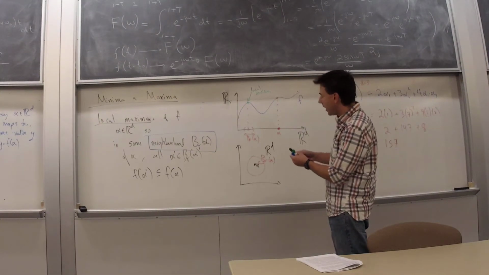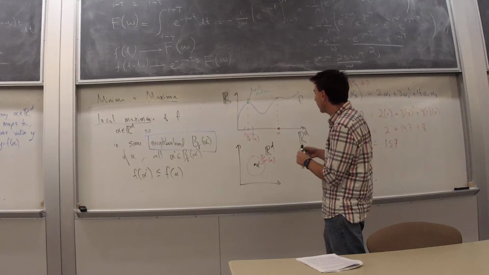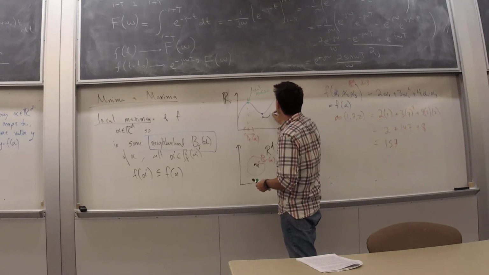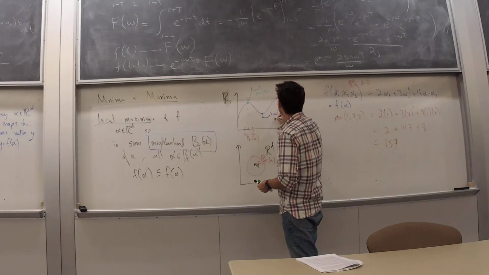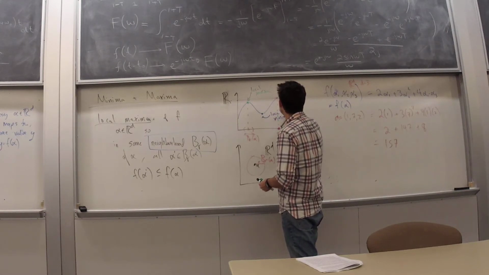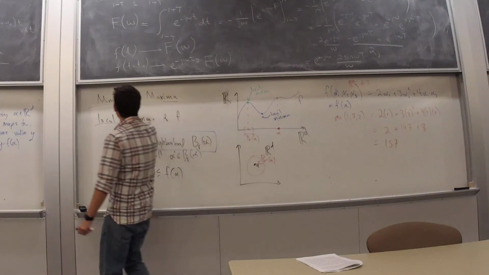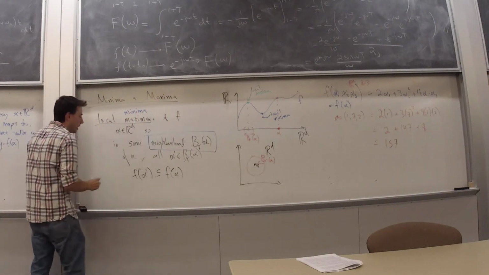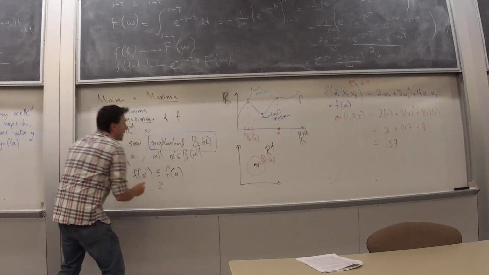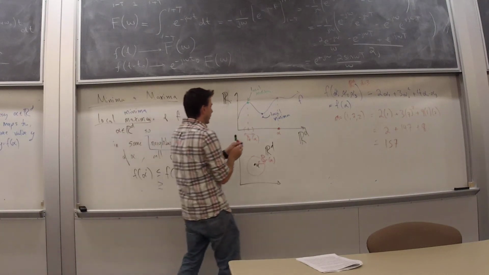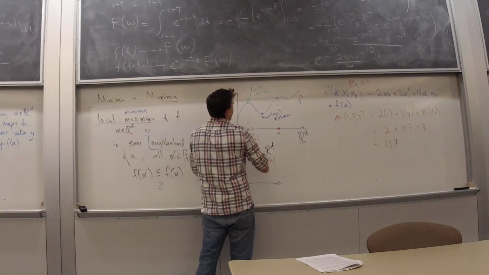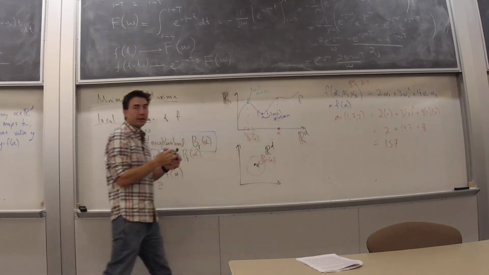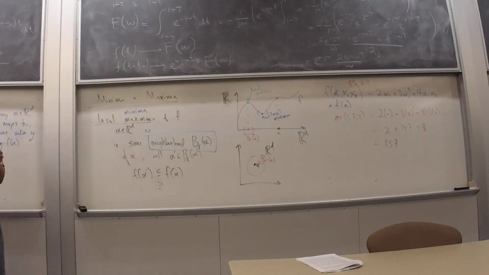Then I can define similarly a local minima. I can say alpha is a local minimum if f of alpha prime is greater or equal to f of alpha. So now I've got a local neighborhood defined here, and all the points in the neighborhood are greater or equal.